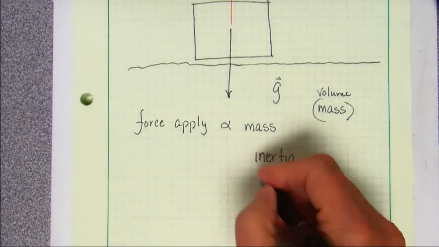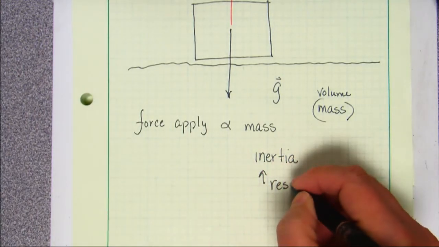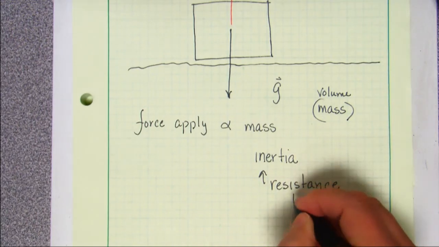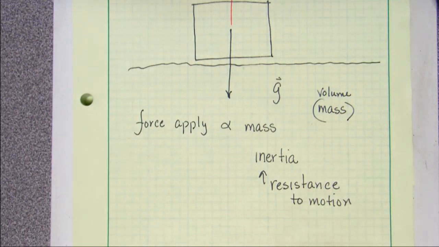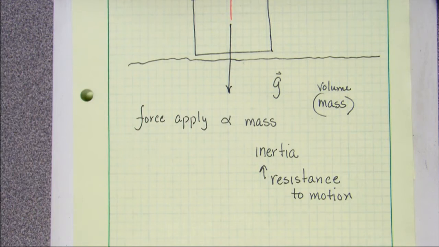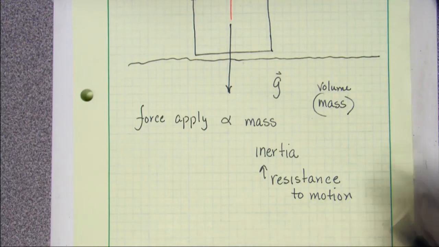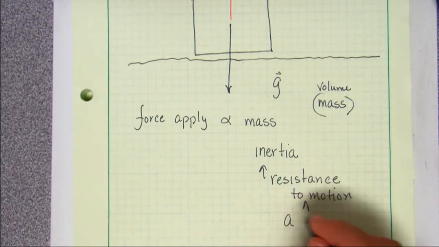And inertia is essentially a resistance to motion. So it's a property that gives this resistance to motion. Inertia is that idea that, and it's actually not a resistance to motion, it's a resistance to a change in motion.